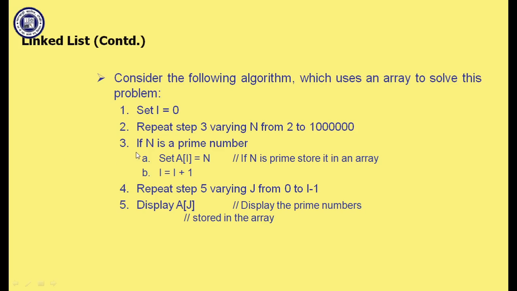The next step checks if n is a prime number, then set the ith index of array A to the given number, or to the number which has been scanned to check for prime. After that, the loop increases for subsequent elements.